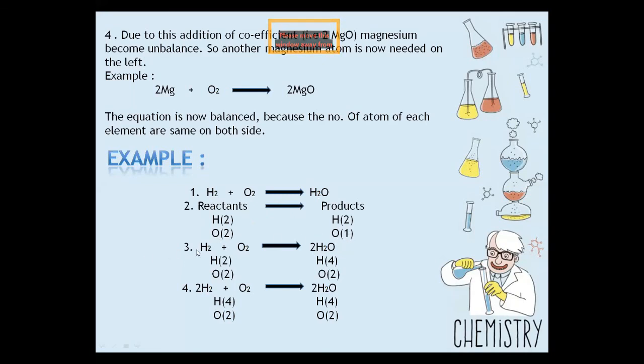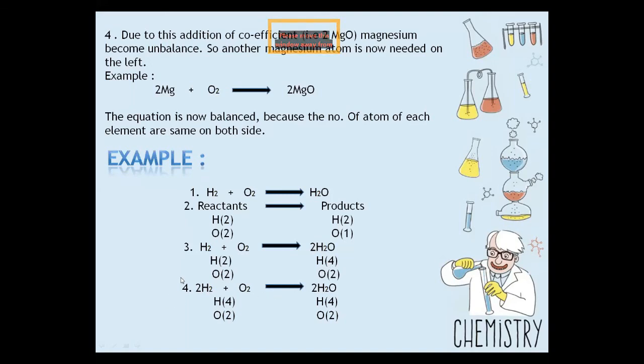How do we balance it? Hydrogen plus oxygen gives water. We put a coefficient 2 in front of H2O. Now hydrogen is 2 in the reactants and oxygen is 2 in the reactants, but hydrogen is 4 in the product because there are 2 molecules of water. So hydrogen is 4 and oxygen is 2.